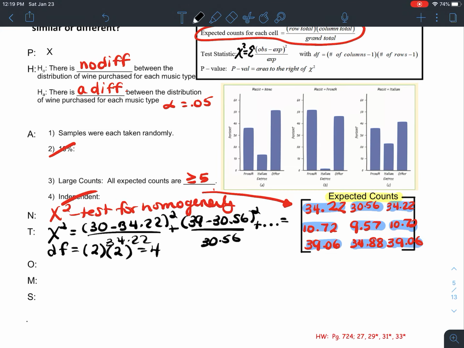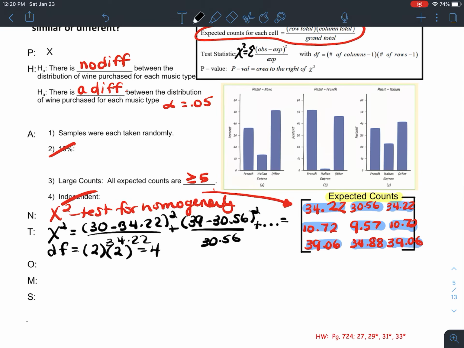Now you're going to go to that Stat Tests menu, and you're not going to see a test called chi-square test for homogeneity, but right above the chi-square goodness of fit test, you'll see a test called chi-squared test. That is the test you're going to run on your calculator for a homogeneity test. You're going to select that.